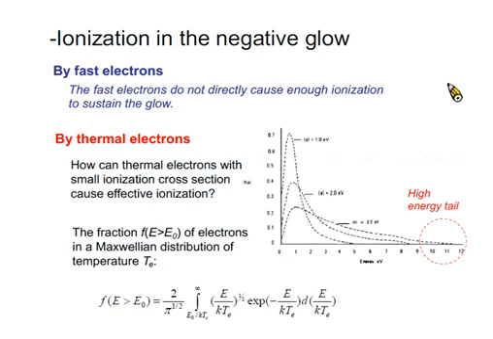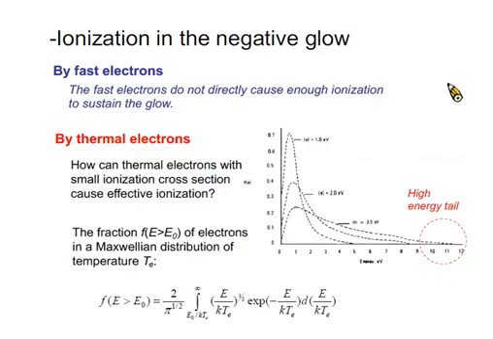And this figure shows the electron energy distribution function of thermal electrons or ultimate electrons. And this function follows the Maxwell-Boltzmann distribution.